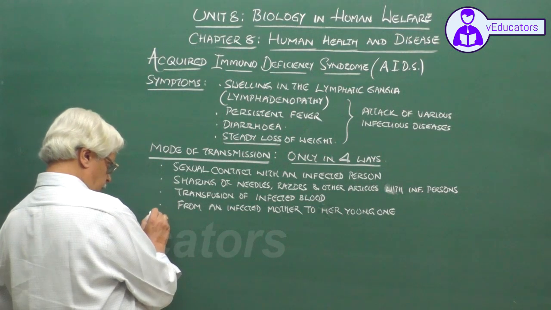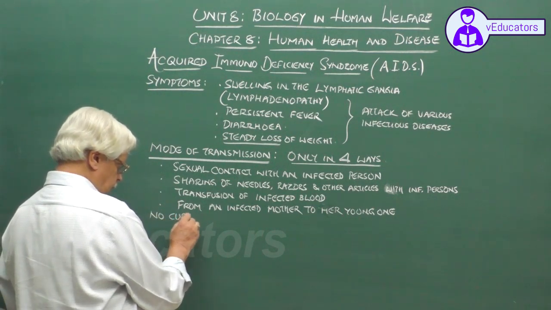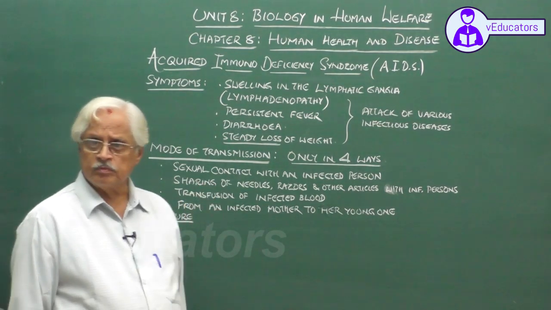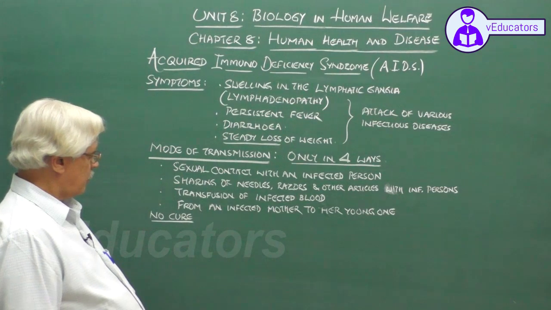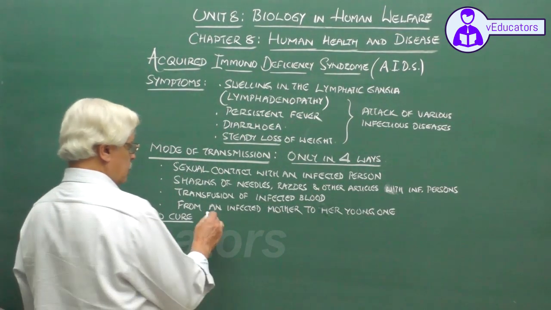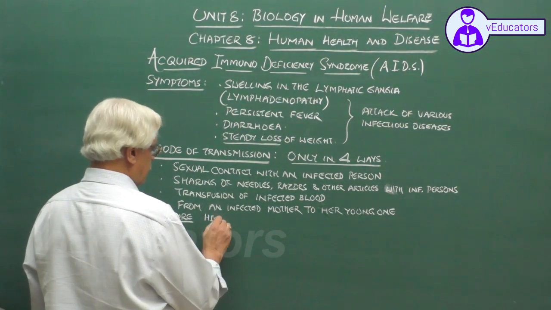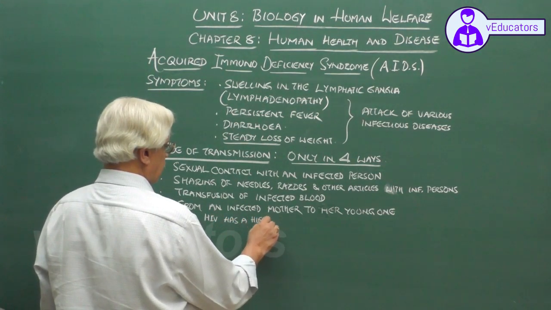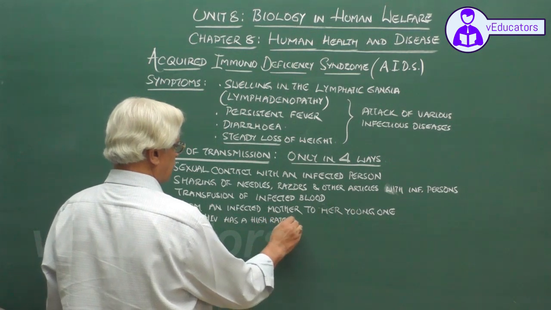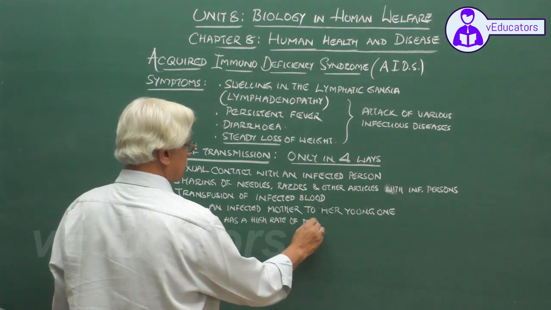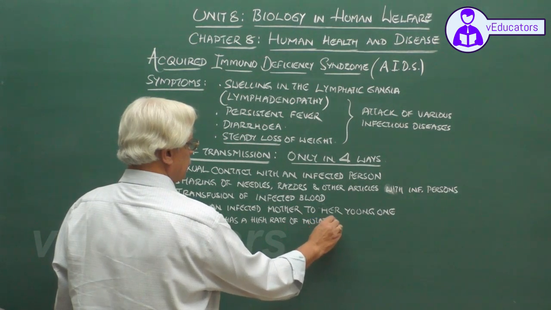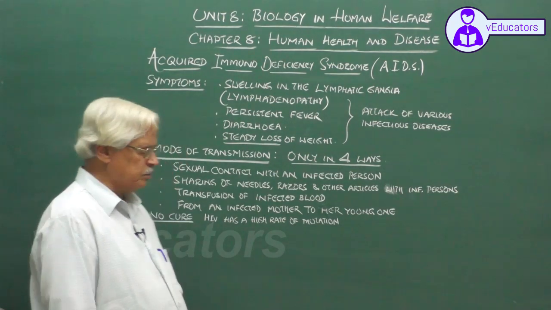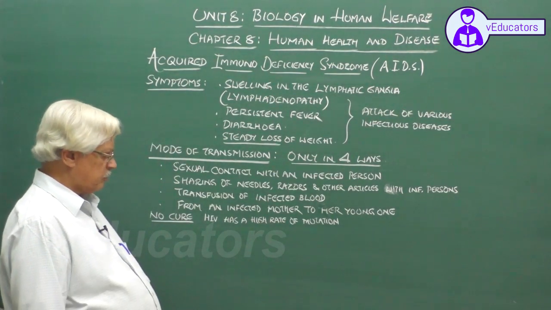There is no cure for AIDS, mainly because HIV has a high rate of mutation, so it keeps changing its genetic material by mutation.